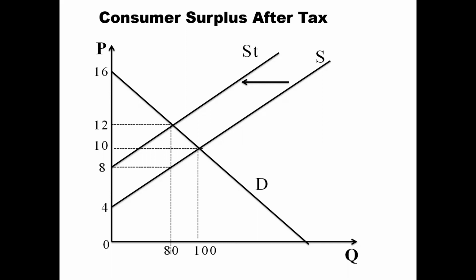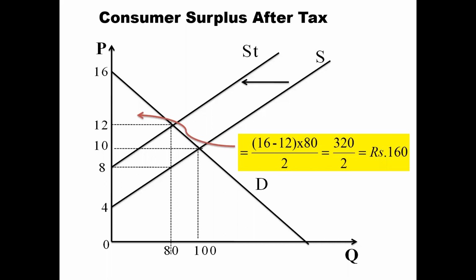Shara correct. Jisuni correct. 160, right? Bianca correct? Yes, 160. 16 minus 12 into 80 over 2. 160.